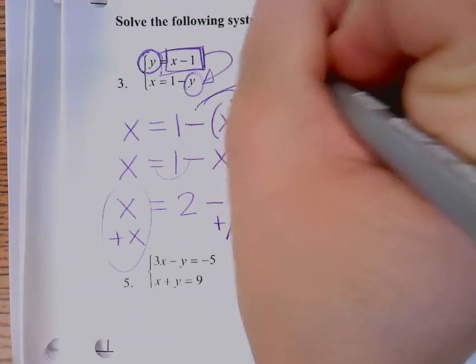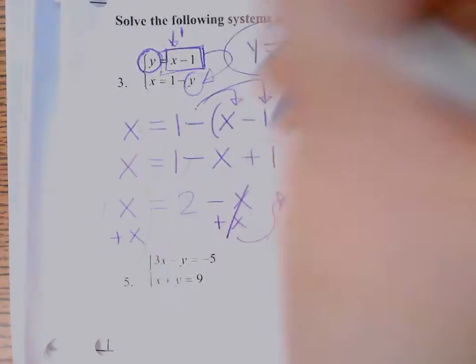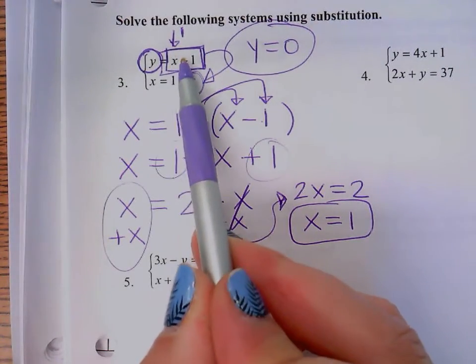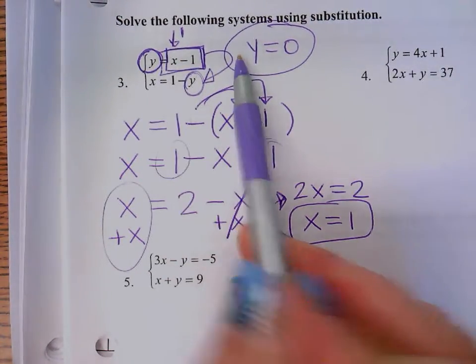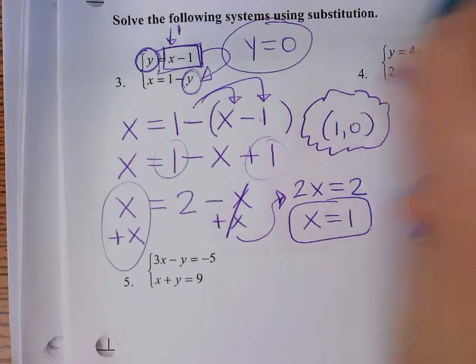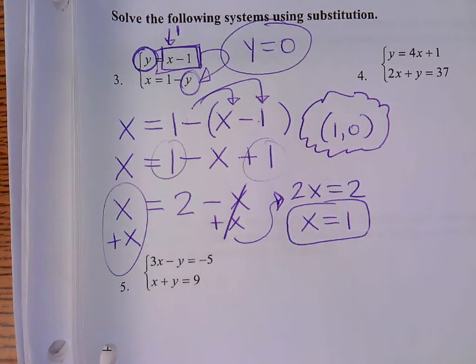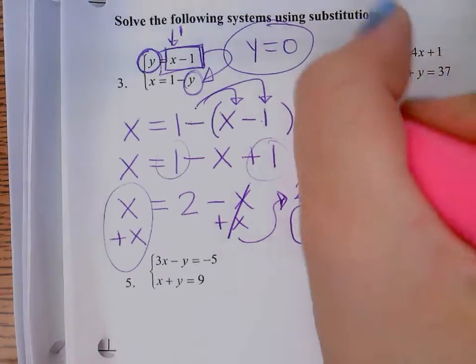Y has to equal 0 then, right? I plug 1 back into the rectangle. 1 minus 1 is 0, so y equals 0. So my final solution is (1, 0). Kind of hard to see in all that work, but my final answer is written like this, (1, 0).